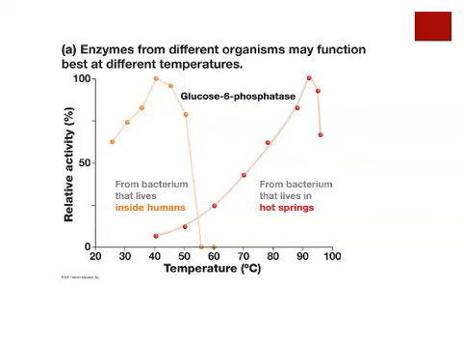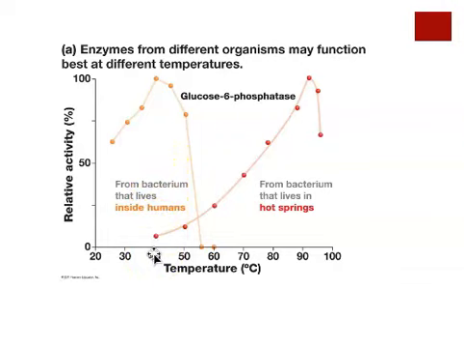In one of the bacterial cells, this enzyme is functioning at a particular optimal temperature. If you look at this yellow line, you can see that at this point right here, the glucose 6-phosphatase is at 100% activity. And if we trace that down to the x-axis, we see it's right around 40 degrees centigrade.